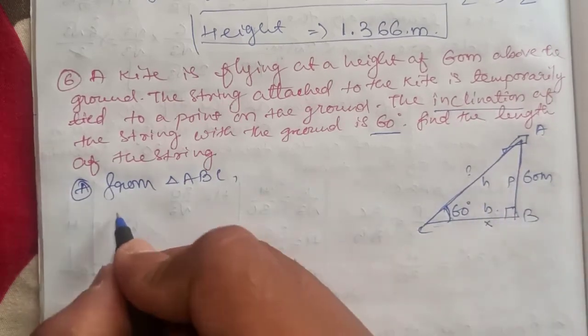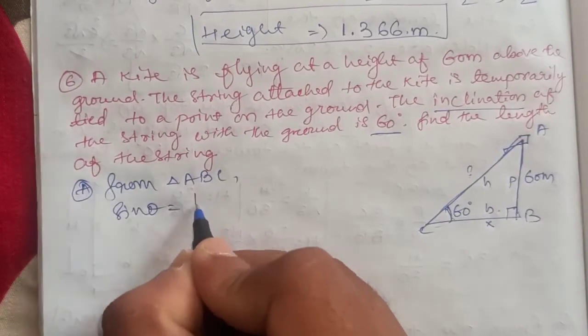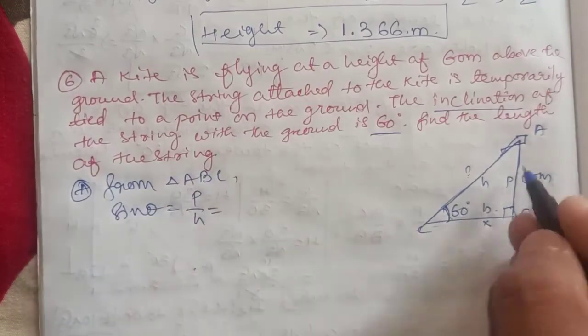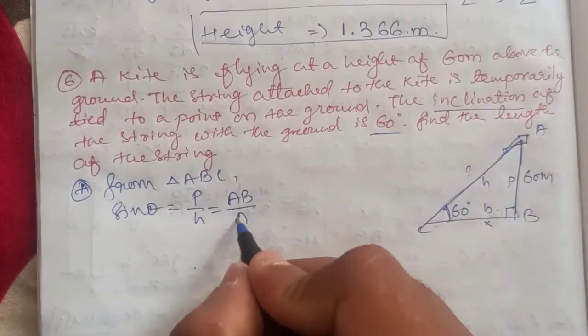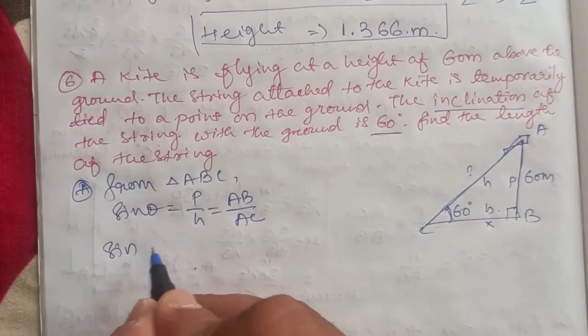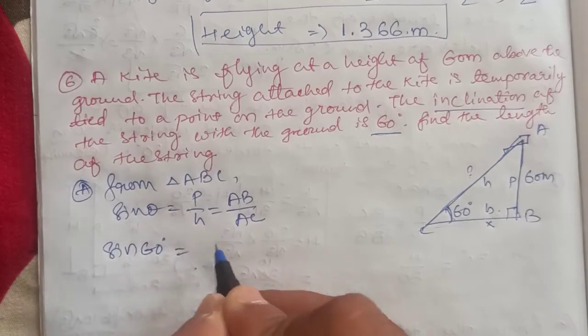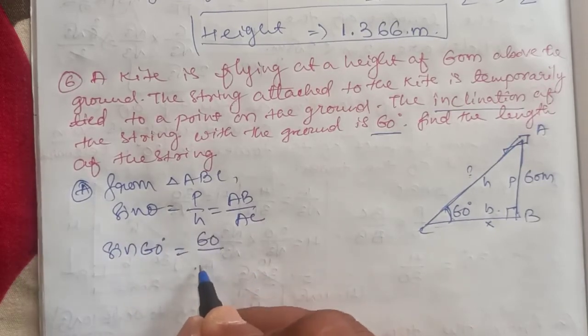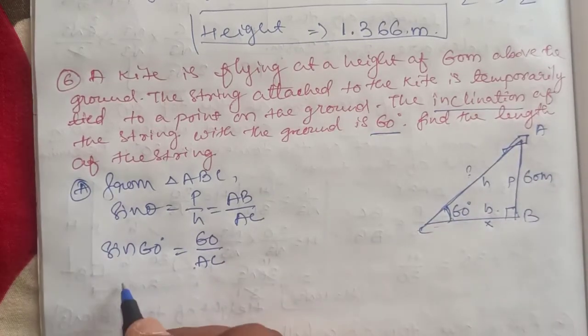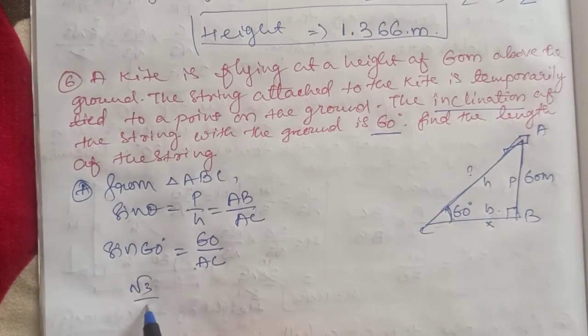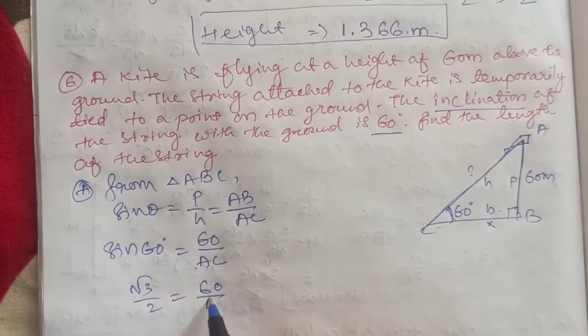So sine theta equals P by H, where P is AB and H is AC. Sine 60 degree equals AB by AC, where AB is 60 and AC we are finding out.